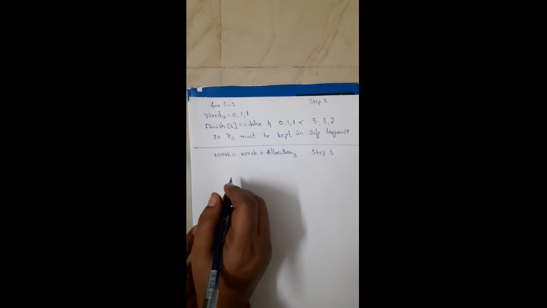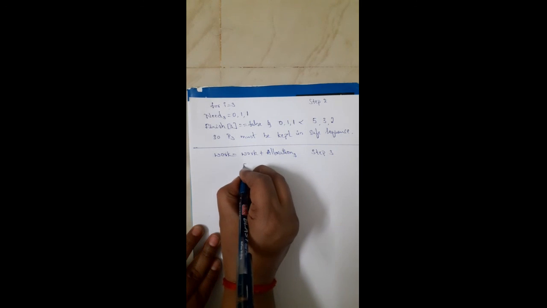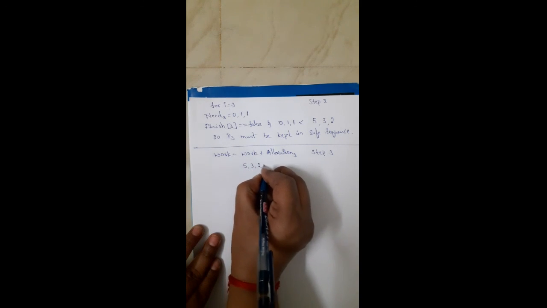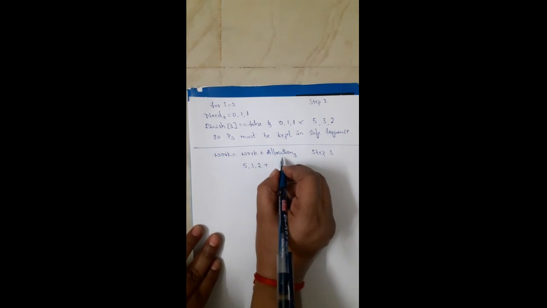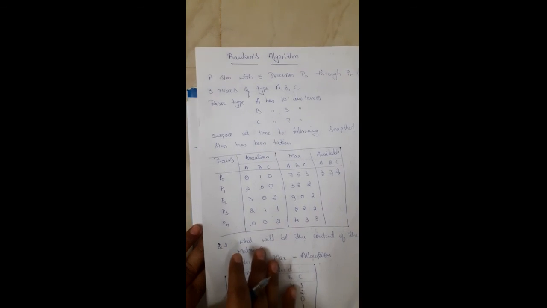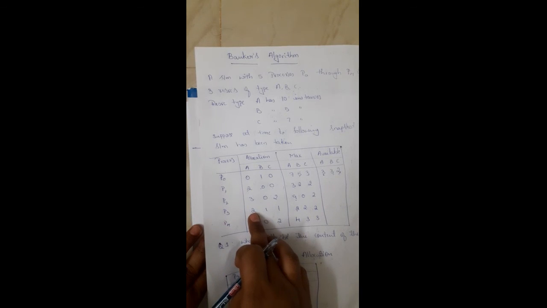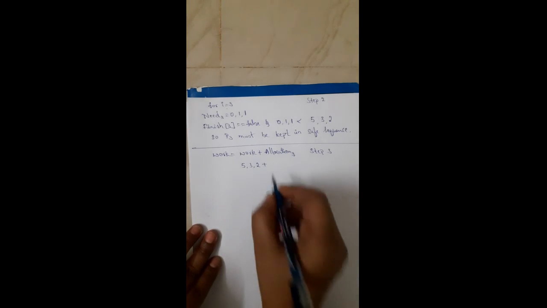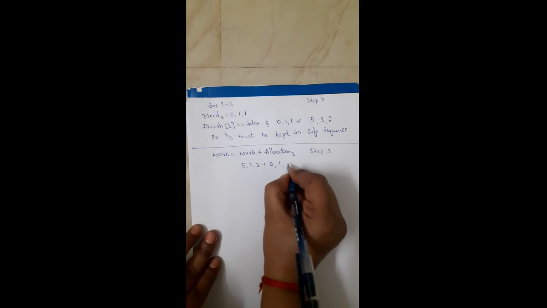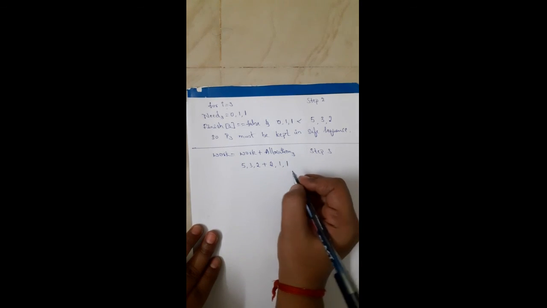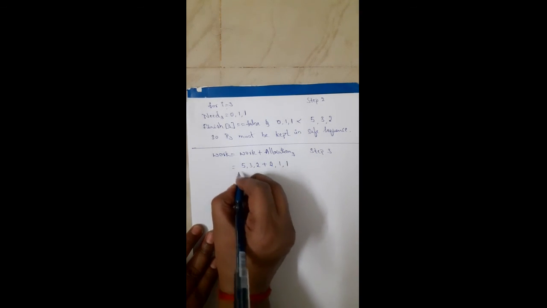So what is work value here? It is 532 plus allocation of P3. What is allocation of P3? Allocation of P3 is 211. It is given in the question. So 211. Okay.